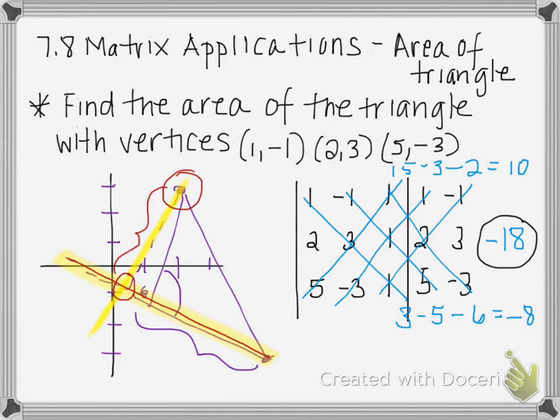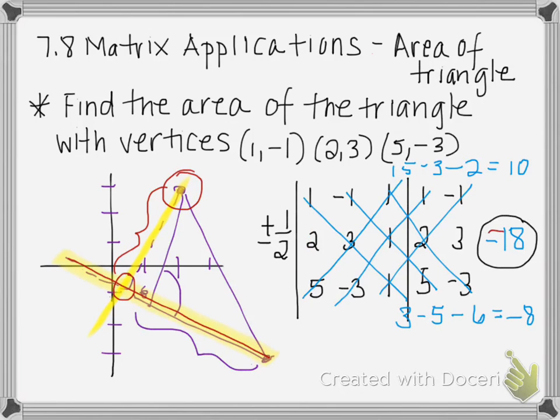Now remember, we're looking for the area of this triangle. The area of the triangle is going to be the determinant that I set up, multiplied by plus or minus 1/2. Kind of like finding the area of a triangle, right? We say the area of a triangle is 1/2 base times height. So I'm multiplying by this 1/2, and it's going to be plus or minus.